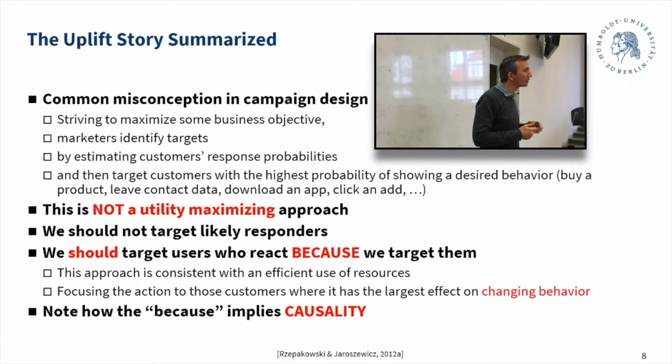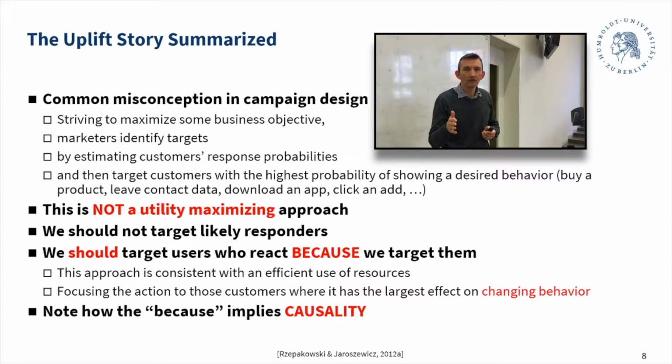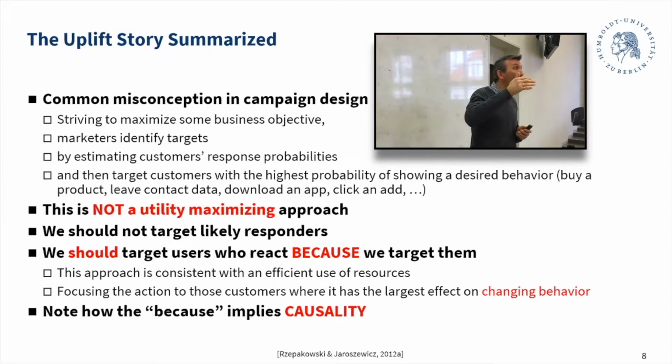This was the funny cartoon beforehand as well. Machine learning, the way we learned about it, is all correlational. We build correlational models. We do not build causal models. But this here reminds us that if we really want to support campaign targeting in marketing, or similar tasks, marketing is a prominent use case, but there are many more tasks.